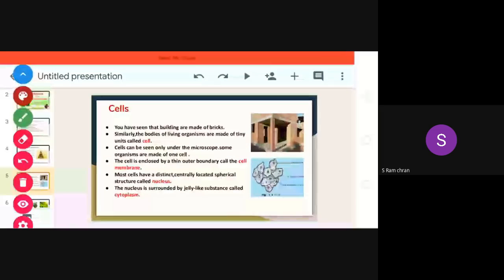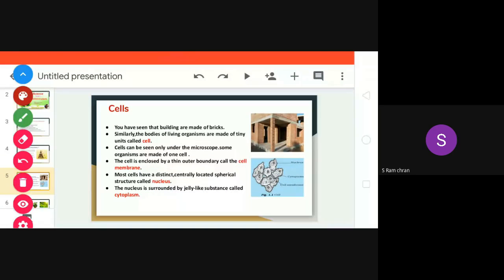So our bodies, plant bodies, animal bodies, human bodies, every body is made of tiny units called cells. Our body contains nearly 30 billion cells.